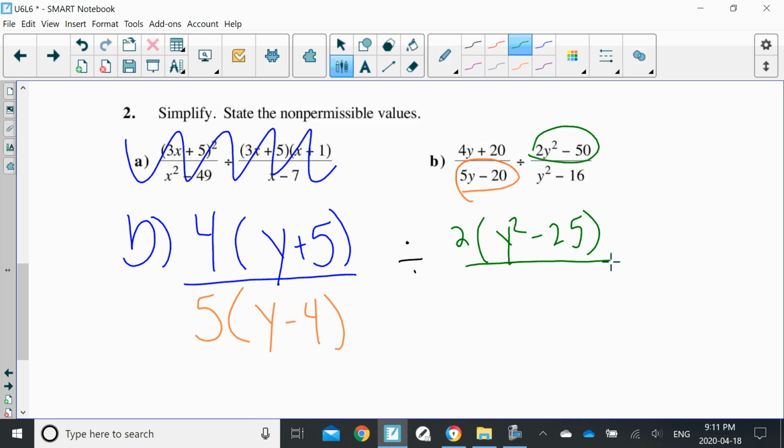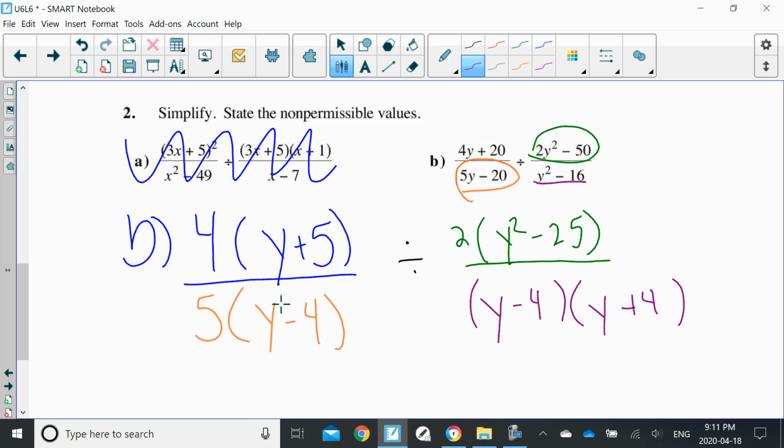And then from our denominator, how would you factor that? Hopefully you see that that would be a difference of squares, right? You could take the square root of y squared, and you could take the square root of 16. So that would be y minus 4 and y plus 4. The goal is to make sure absolutely everything is factored.